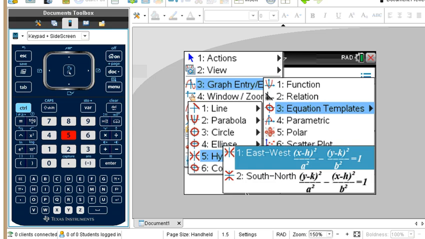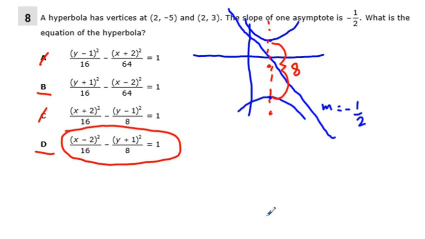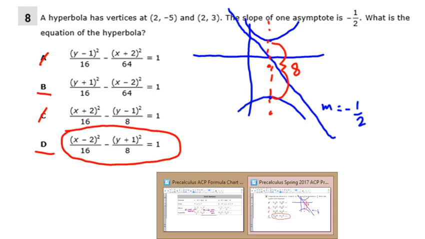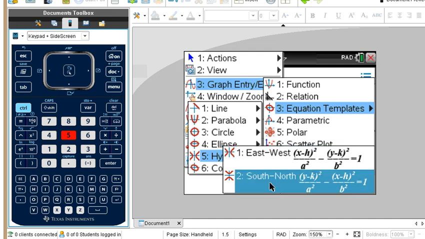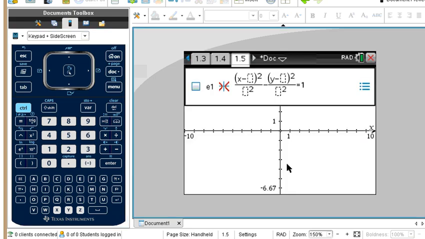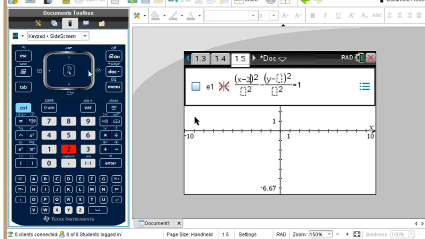Let's check to be sure here. x, y. Okay, we're going to have x minus y. Let's check on that. So x minus y. So we're going to have x minus 2. And it's going to be y.